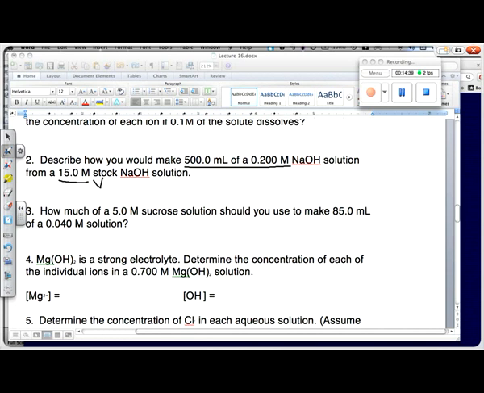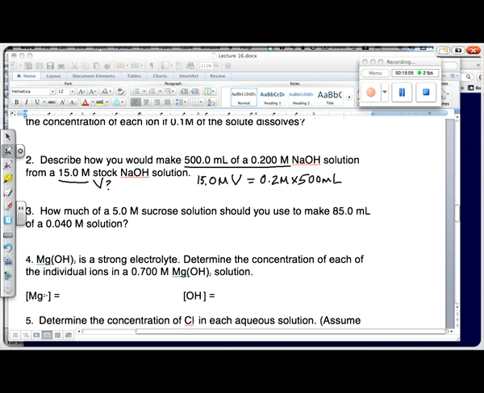That's what we don't know. We don't know the volume of this concentrated solution that I need to make this dilute solution. I'll talk you through the process as we do the problem. So the way I would set up the math is 15 molar times the volume equals 0.2 molar times the 500 milliliters.